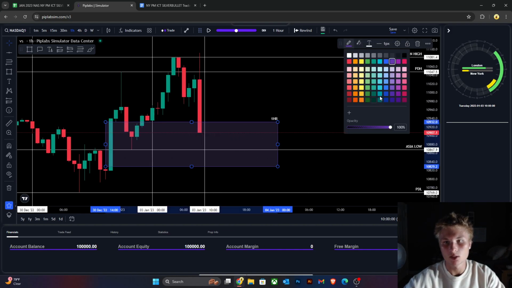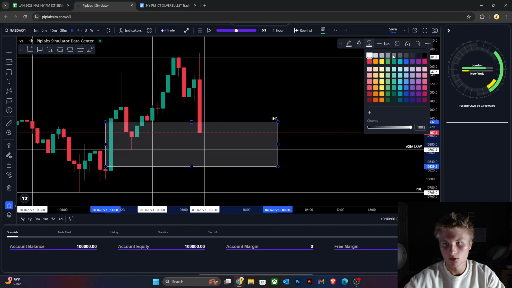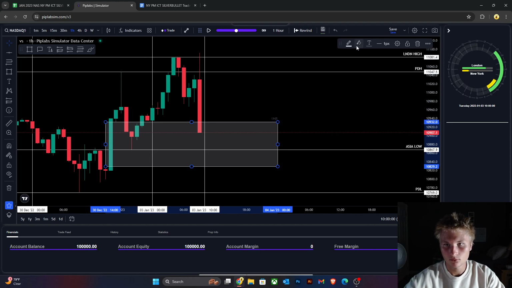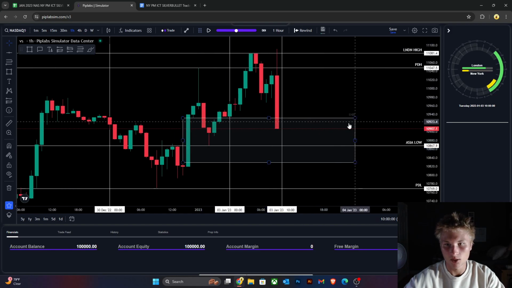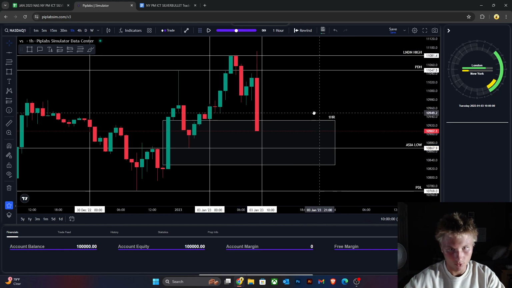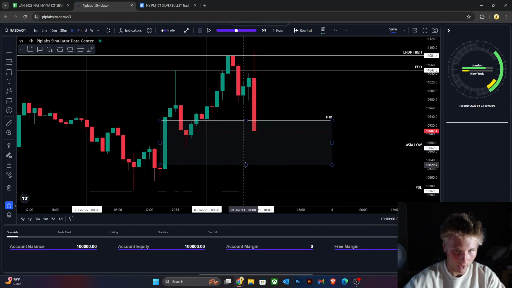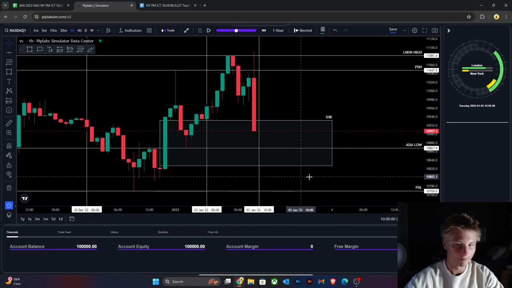I want to have this as a more neutral color because it is a 1 hour, just so that I keep it in my mind that we're inside of a 1 hour gap right now and that we could want to fill it.